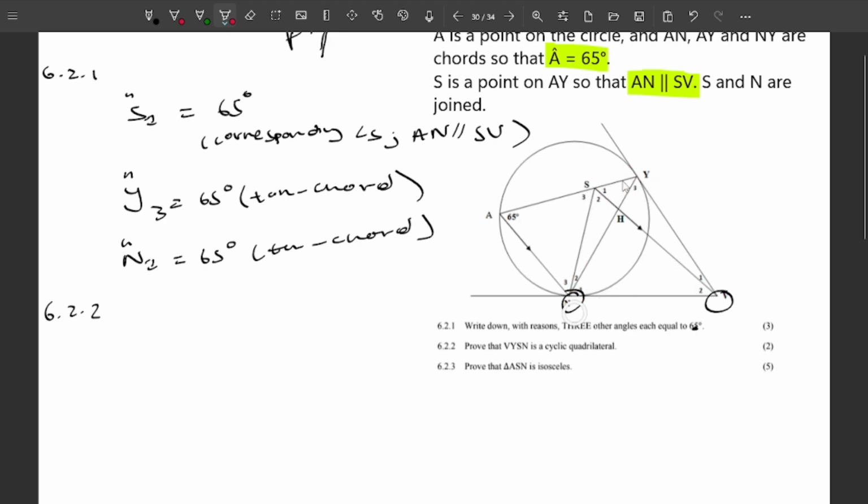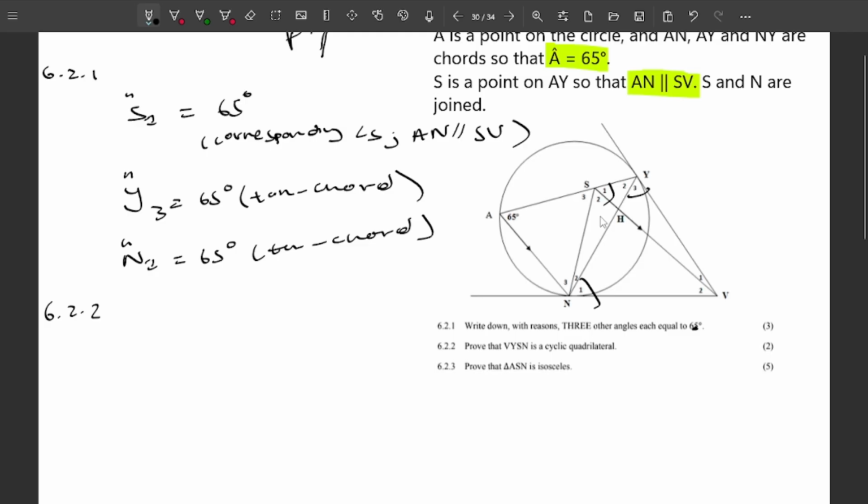Okay. So let's go back to your drawing board. Firstly, let's see what is Y3 equal to. Y3 is equals to 65 degrees. And what is S2? We don't have S2. Okay. N1 and S1, are they equal to each other? Yes, it is.